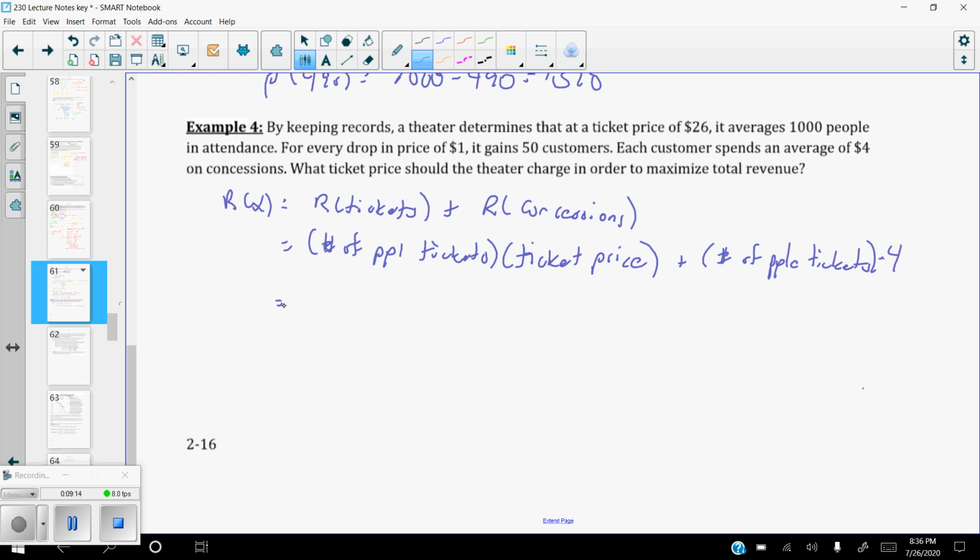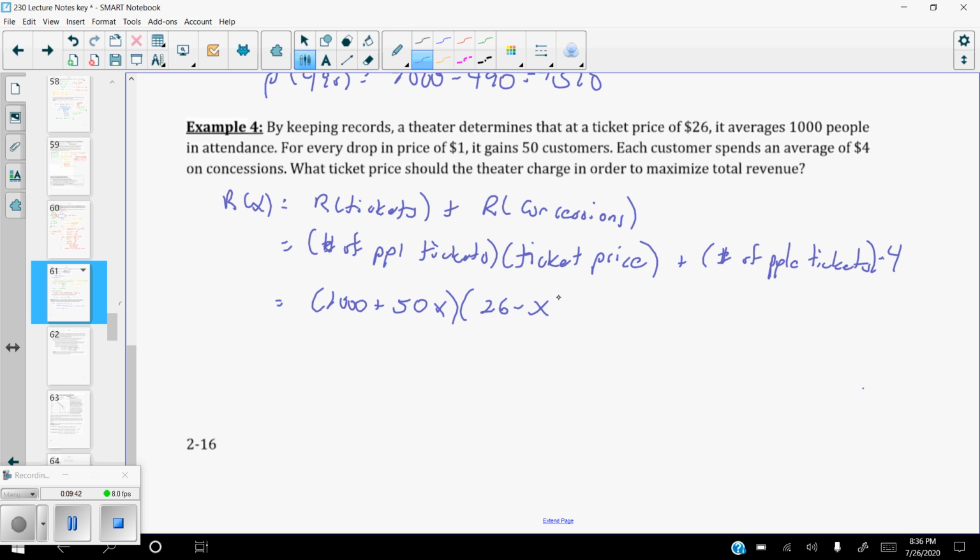All right. Well, the number of people that buy tickets, let's see, it averages 1,000. But then we have to add 50 more people for every time that the price changes by $1. And the ticket price changing by $1 would just be 26 minus x.